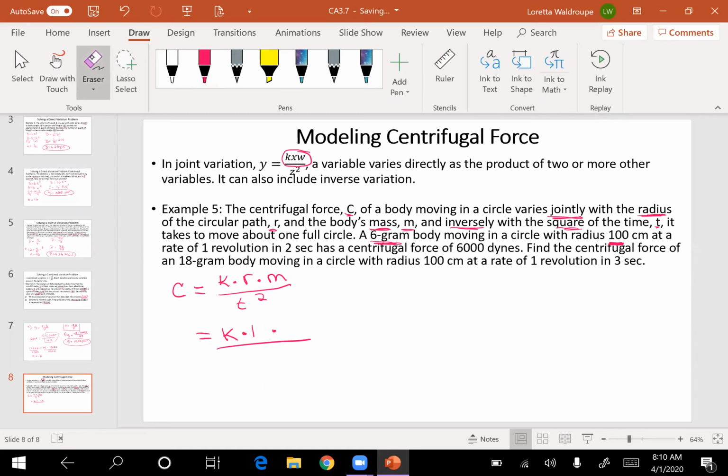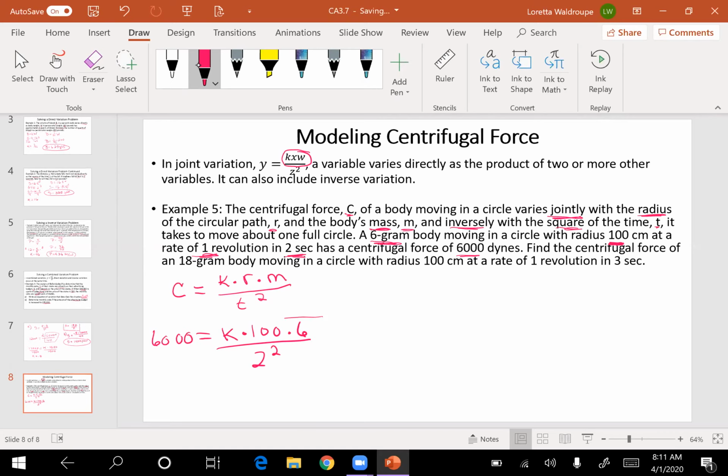I'm going to have to move my 6 over a little bit so that I got room to write in here. At a rate of 1 revolution in 2 seconds, okay? So remember, time T has a centrifugal force of 6,000.